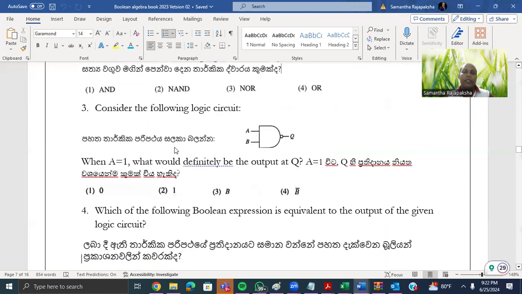Then this question, again similar to the previous one, if you draw the truth table, that will be easier. Here we have inputs A and B, and outputs AB multiplication and AB bar. So if you look at the relationship between the inputs and outputs, we can draw the truth table.